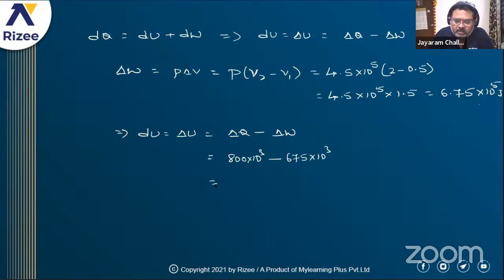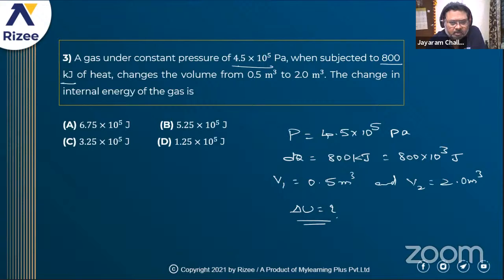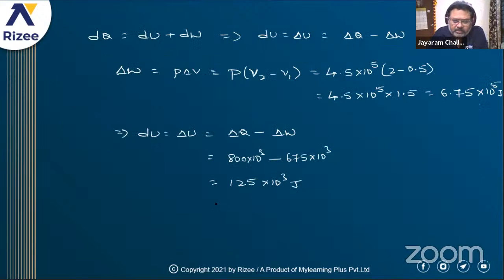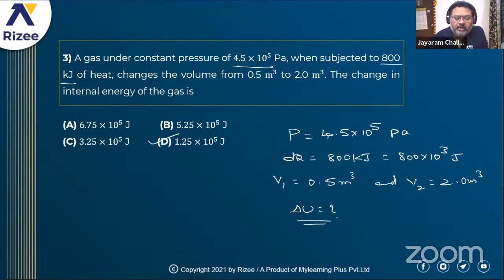So 800 minus 675 will be 125 into 10 to the power of 3 joules, or kilojoules. Try to convert that into the given format. D is your option, that is 1.25 into 10 to the power of 5 joules. In this format he has given it in the question, that is your D.